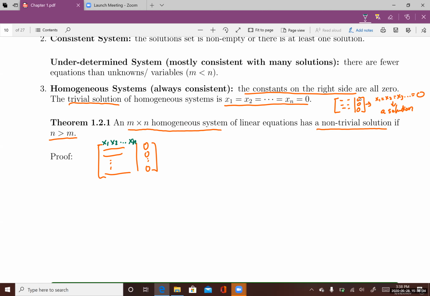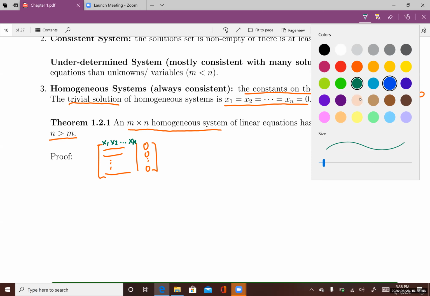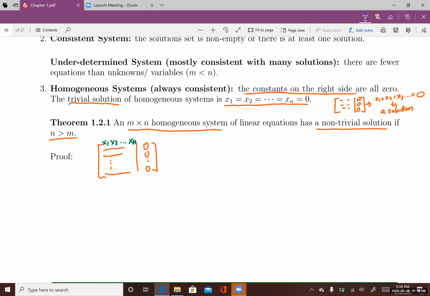So if you're using indices for all the entries, this is the first equation here, the second equation, and so on up to the m-th equation. Again, m equations and n variables. That's what we have here. All right.